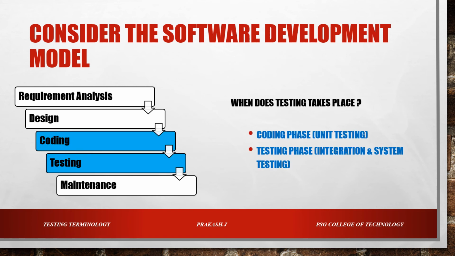When you look at it, the testing is carried out in the coding phase and in the testing phase. In the coding phase, unit testing is done, whereas integration and system testing are done in the testing phase.